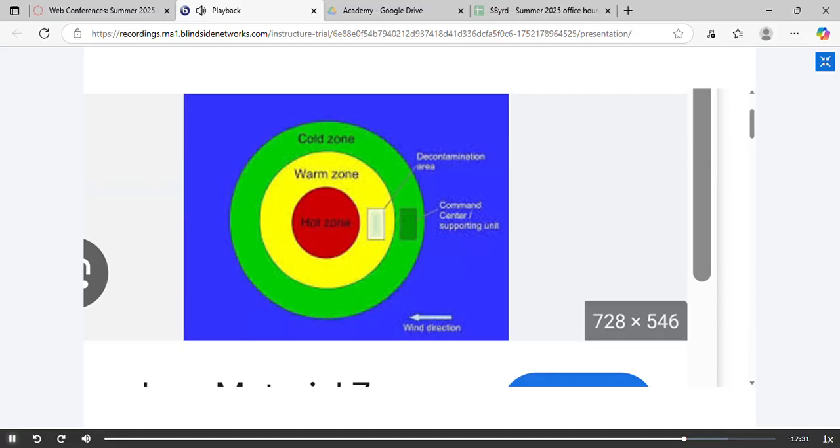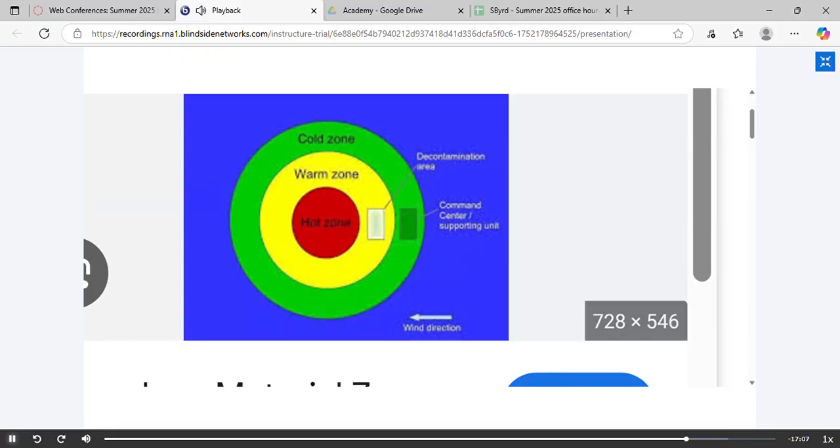Okay. Decontamination will occur in that warm zone, and also life-saving emergency care can happen in that warm zone. Okay. Again, the warm zone, very similar to the hot zone as far as minimal personnel, and they have to have very specific training. The cold zone is going to be your safe space. Okay. This is a safe area where no specific protective clothing is needed.